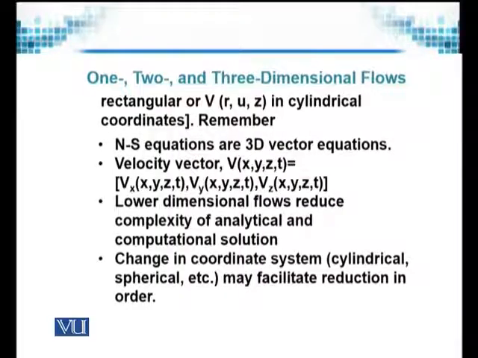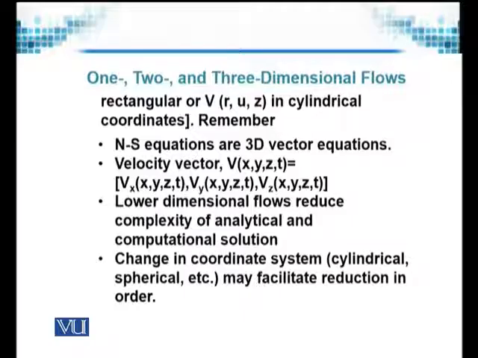It's important to remember that normally the Navier-Stokes equations, which are considered to be equations of motion that completely specify a fluid flow in most general terms, are three-dimensional vector equations. So we assume a general motion to be three-dimensional in nature, then we reduce it as appropriate depending upon the particular condition of the fluid flow.